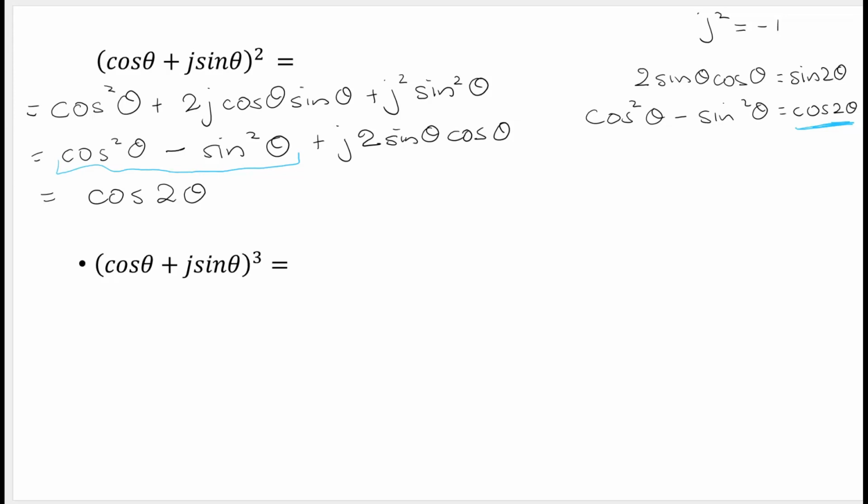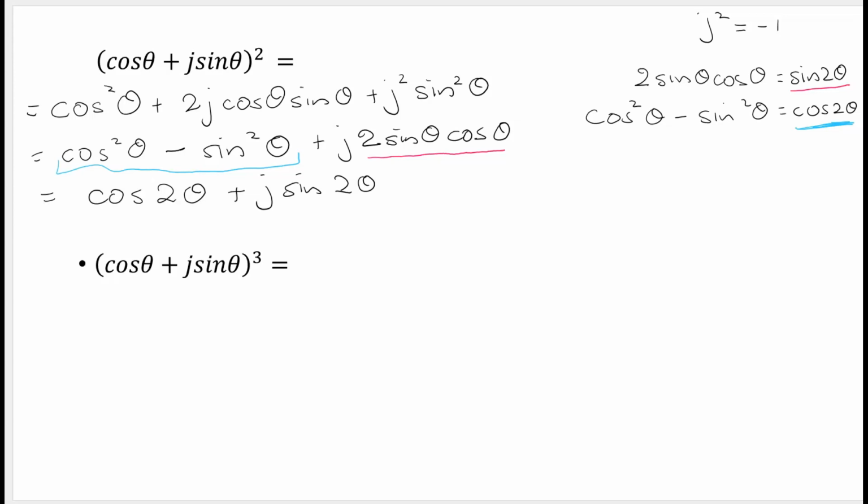Let's look at the next bit where it says 2 sine theta cos theta. That matches up with sine 2 theta. So that would be equal to j sine 2 theta. Well, that's nice: cos theta plus j sine theta squared is equal to cos 2 theta plus j sine 2 theta. So that's the square of a general sort of complex number.